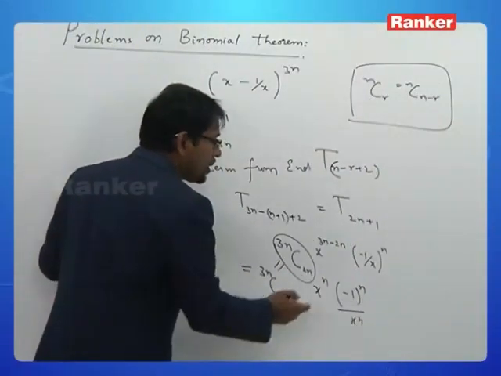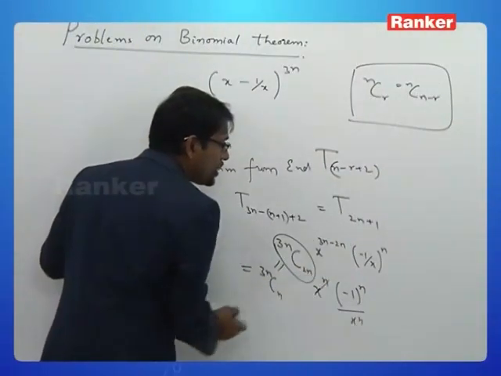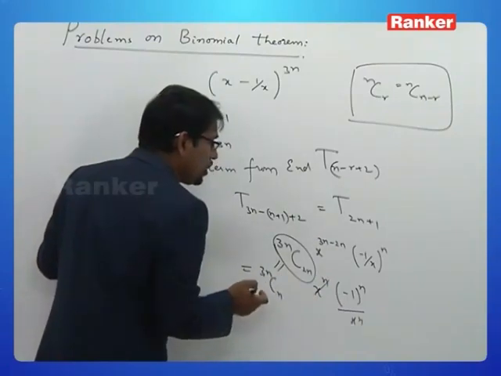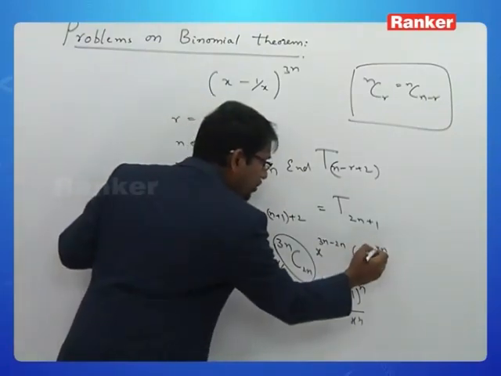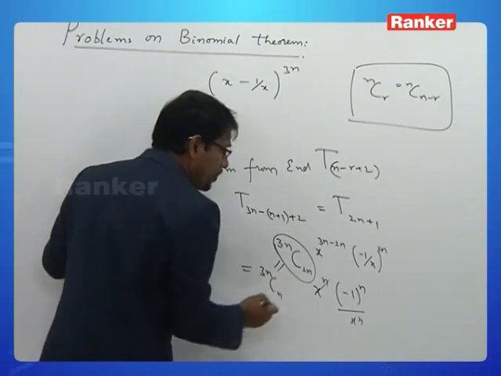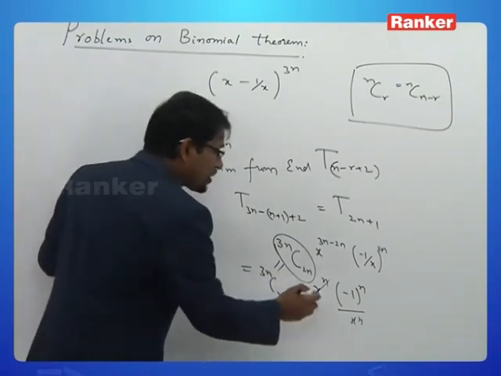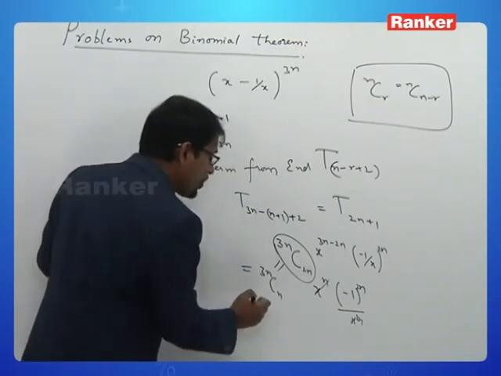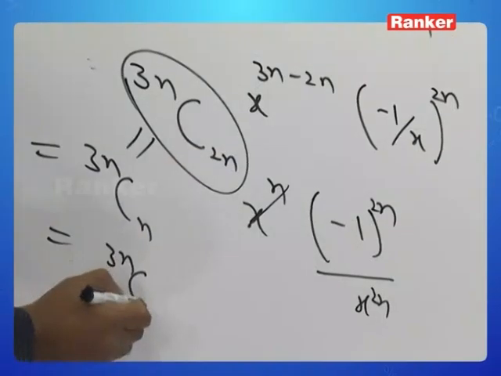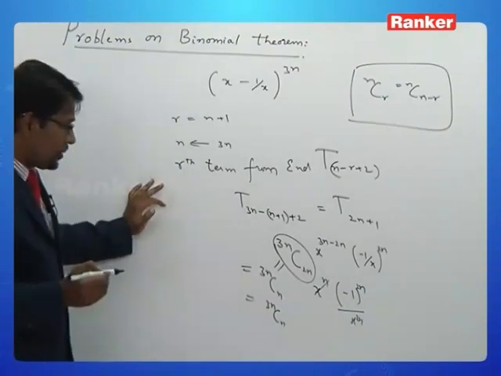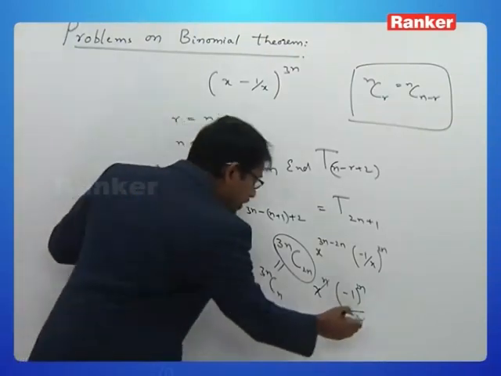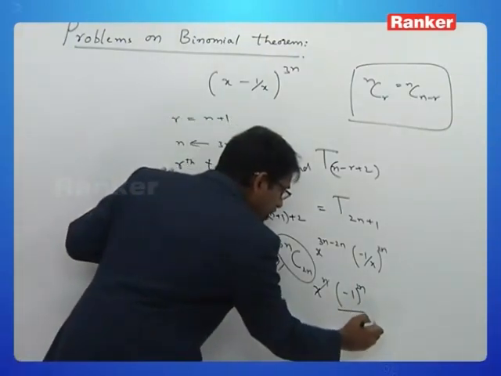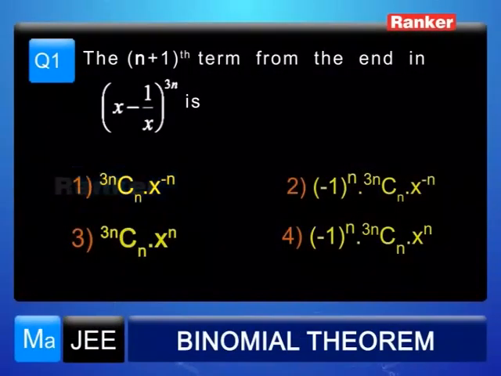Now this x power n and this x power 2n give us 1 by x power n. That makes it 3n cn x power minus n.